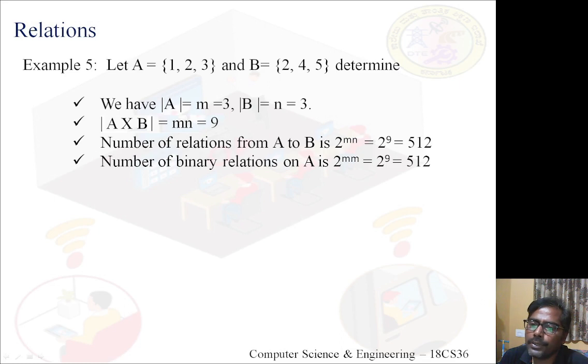So the size of A cross B is mn, which is 9. That's 3 into 3.